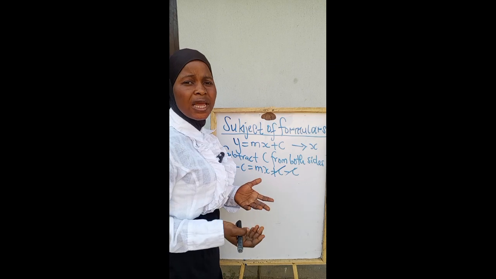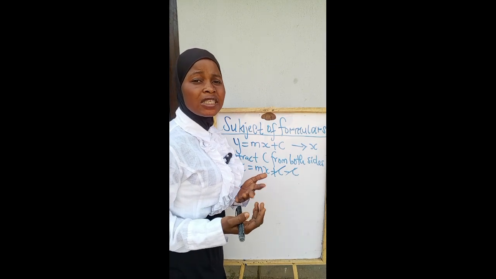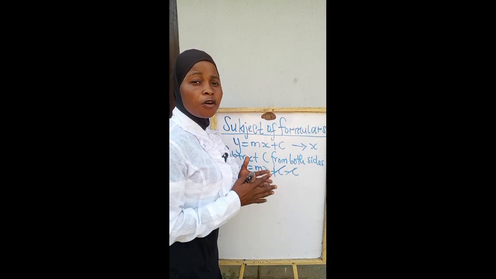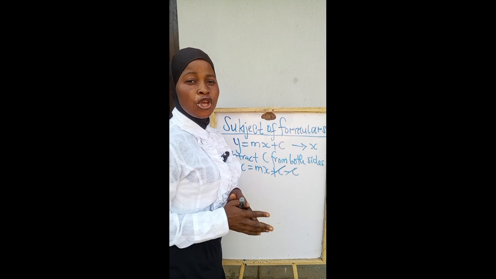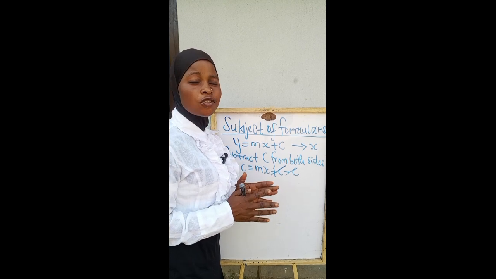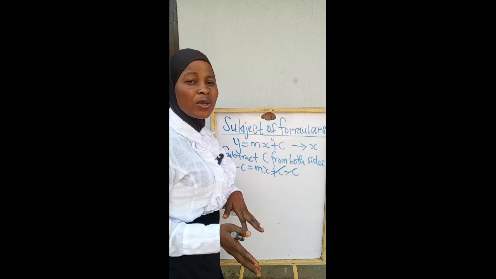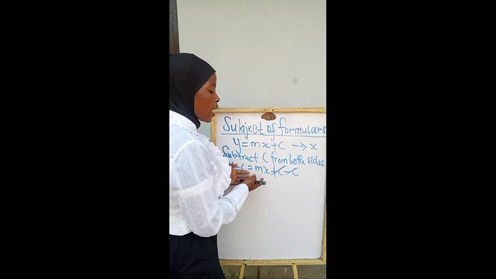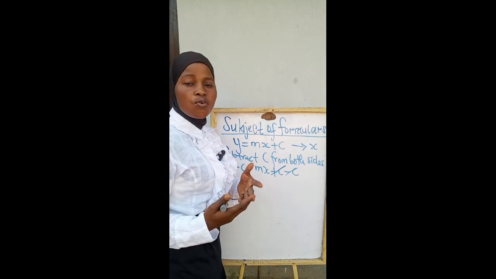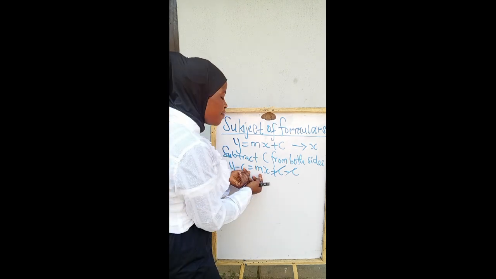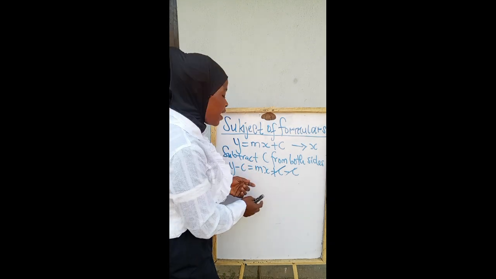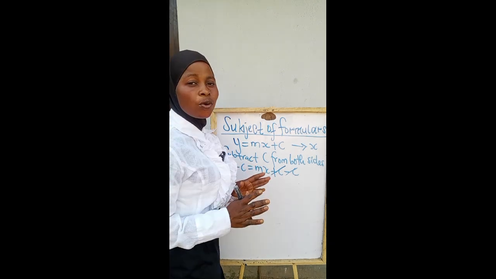So here, if you want to eliminate it, you are going to eliminate it with division. The opposite of multiplication is division. If you want to cancel multiplication, you cancel multiplication with division, and if you want to cancel division, you cancel division with multiplication. So here you have mx. It means we want to eliminate this m that we have here and allow the x to stand on its own.